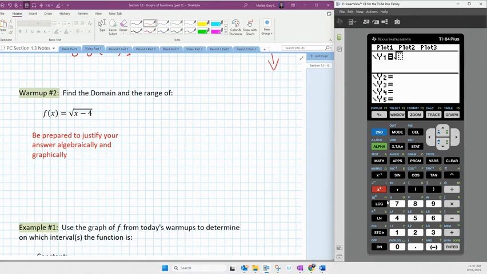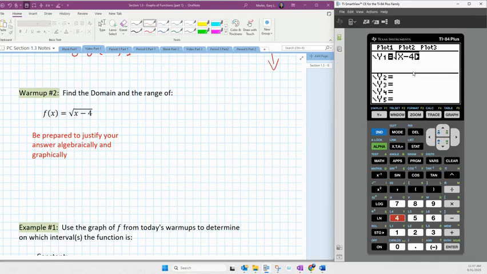For the variable x, you'll see this button right here next to alpha. This is the variable button, and depending on what mode you're in, it's going to put in the right variable for you. We're in rectangular mode, so it's going to give you an x. And then I'll do minus 4. You'll notice it's all under the square root, right? If you have an older model, you would now want to close the parenthesis to end the square root, but in this case you could probably just leave it alone.